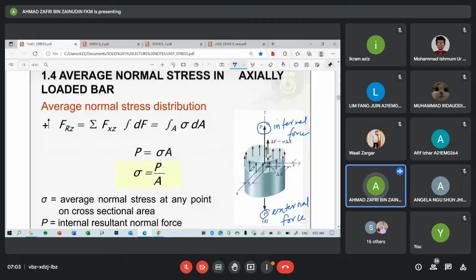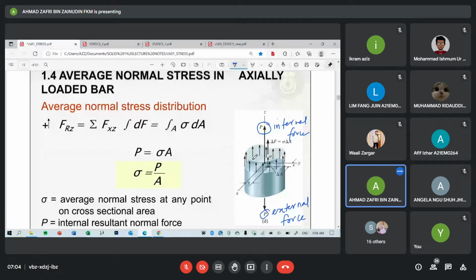But we know that for equilibrium, if we total up all those internal forces, it must be equal to this P. For our level, we assume that the internal force is uniformly distributed on this cross section, which means each internal force is of equal value.